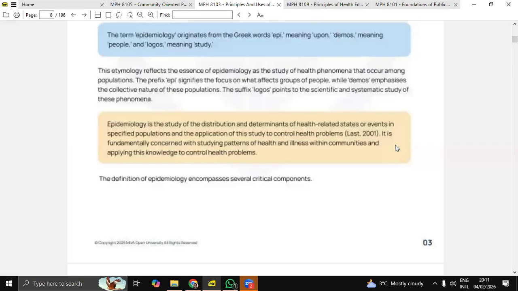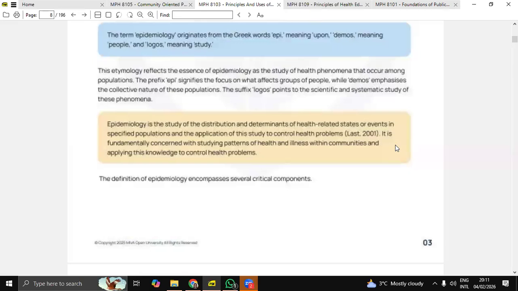Epidemiology is defined as the study of the distribution and determinants of health-related states or events in specified populations, and the application of this study to control health problems. We're going to dwell on this definition for a bit because epidemiology is a key thing in public health, just so that we can understand it.